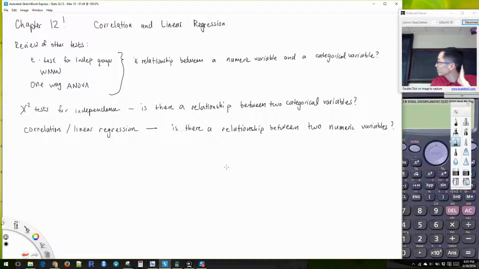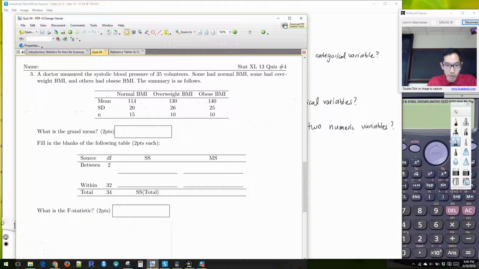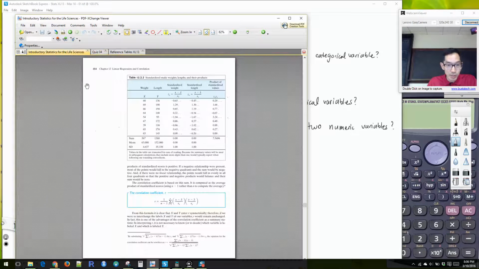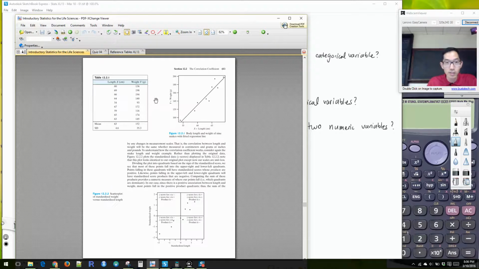Okay, so we have this. Is there a relationship between two numeric variables? Let me pull up our text, and I'm going to copy a table of data. Here it is.